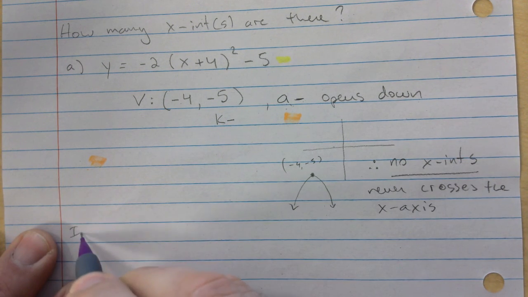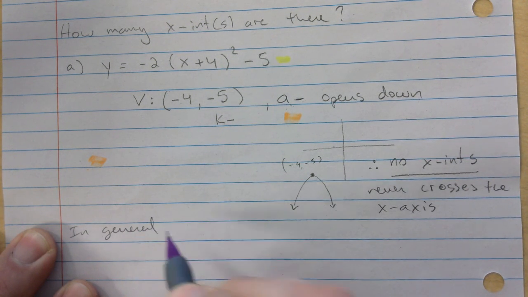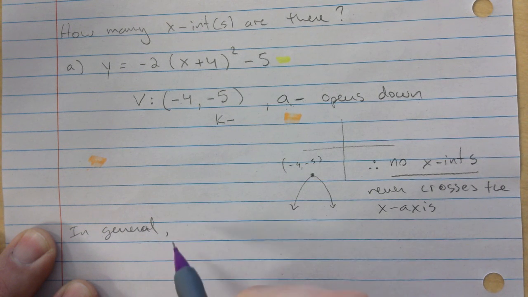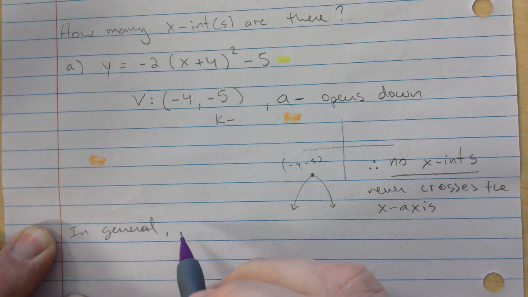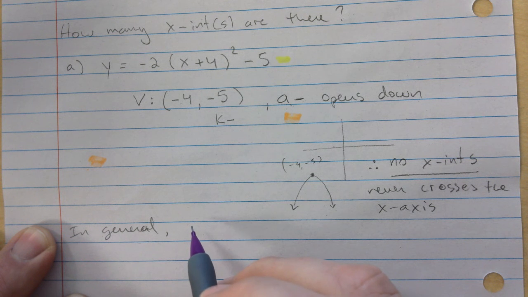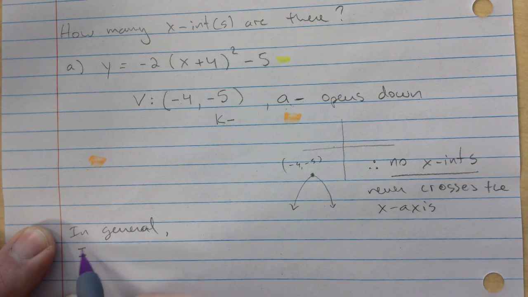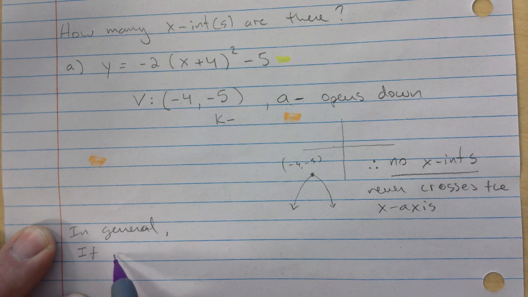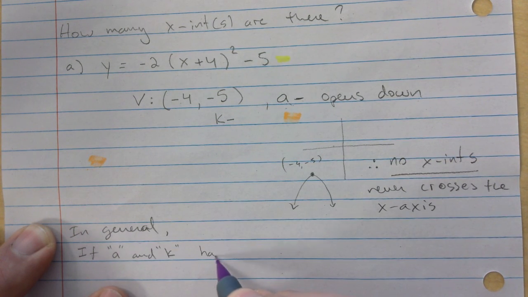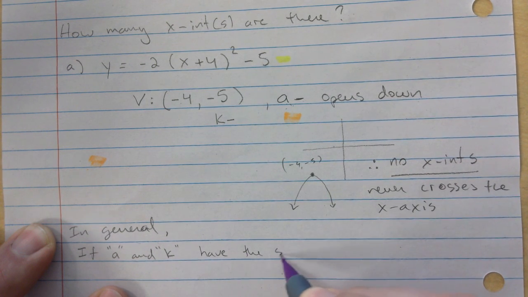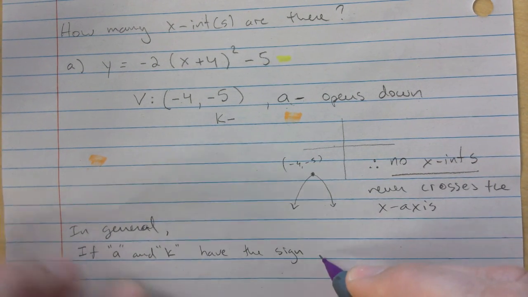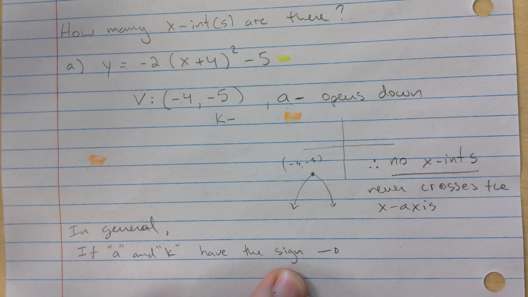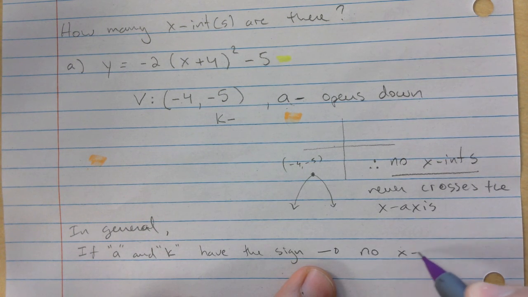In general, if A and K, okay, have the same sign, no x-intercept.